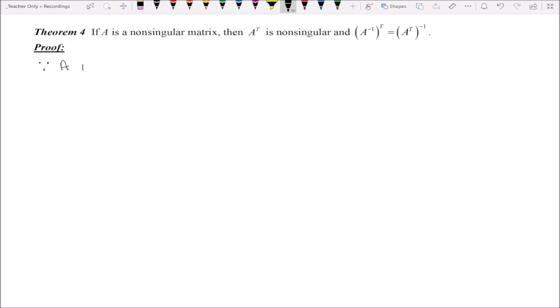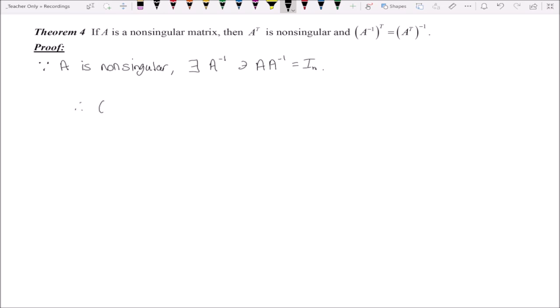Since A is non-singular, we know that there exists some matrix, let's call it A inverse, such that A times A inverse is the identity matrix. What we're going to do is take the transpose of both sides.